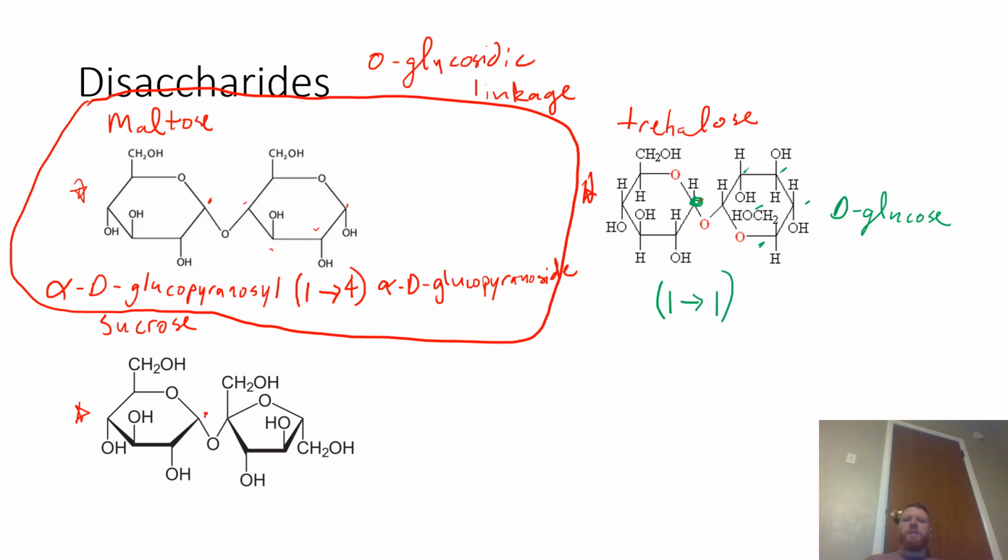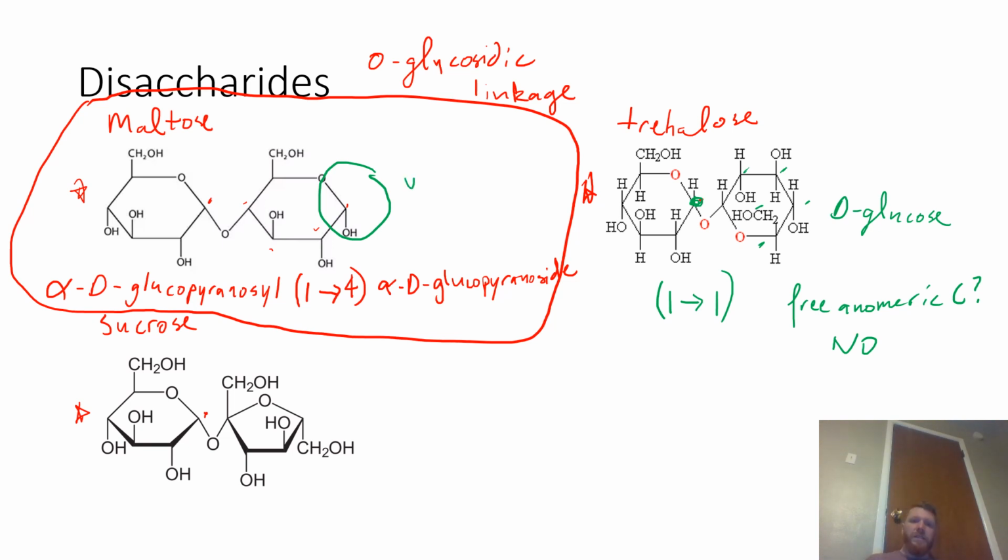So does this have a free anomeric carbon? The answer to that question is no. When you compare that to maltose, does maltose have a free anomeric carbon? Is one of the anomeric carbons on maltose freely accessible to be involved in any other sort of future chemistry?